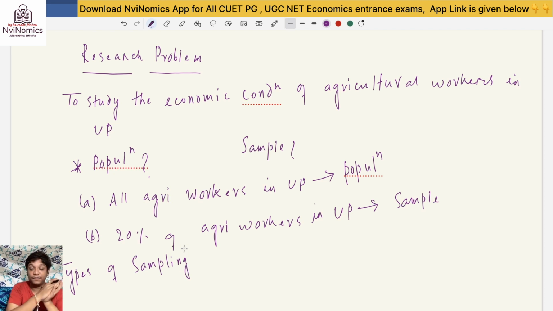Let me first finish the theoretical part, then I will move on to hypothesis testing, estimation problems like central limit theorem, and point estimation, interval estimation, that thing. There we will do some mathematical things.